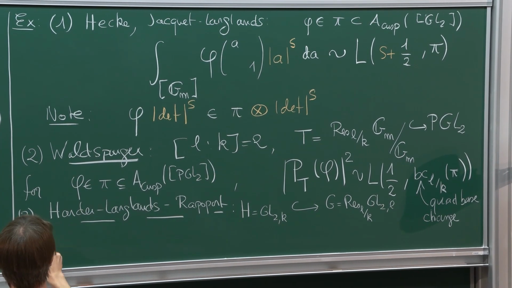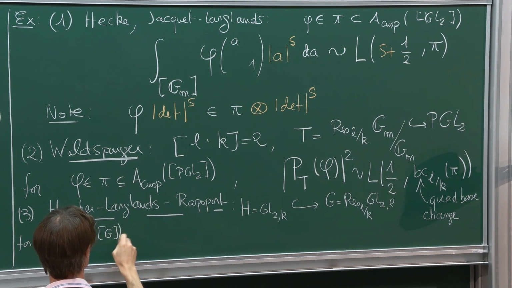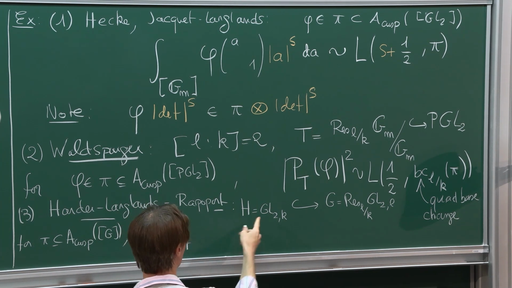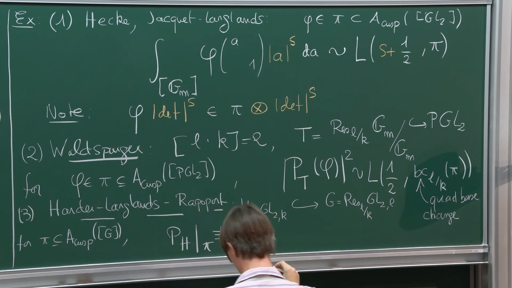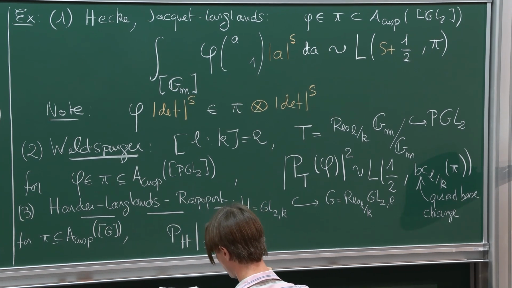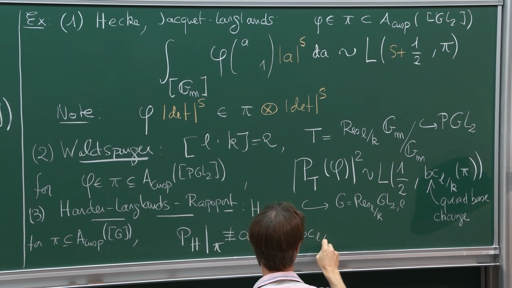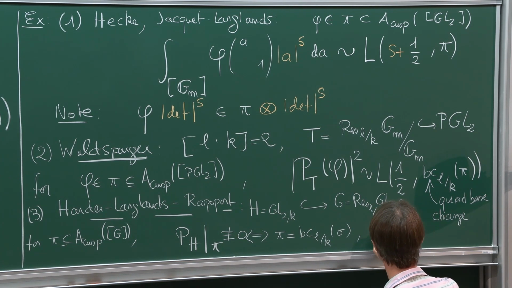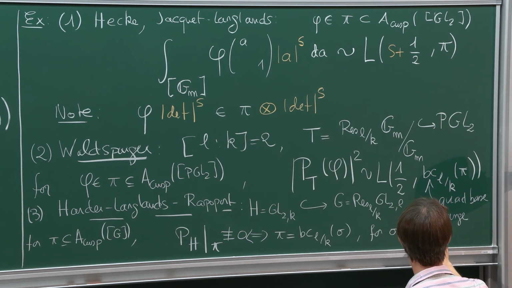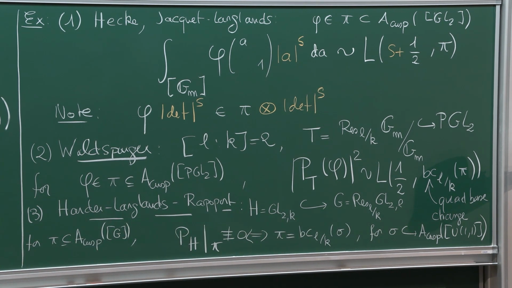for pi, a cuspidal automorphic representation of GL2 over L, the period along H is not identically zero on pi if and only if pi is a quadratic base change again of some automorphic representation sigma of a unitary group in two variables, essentially.